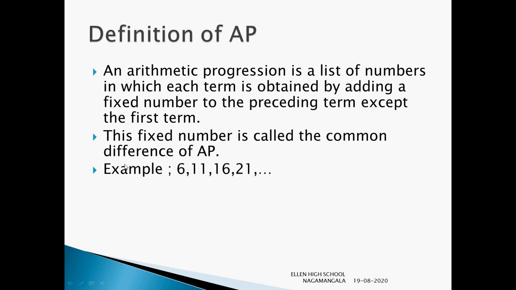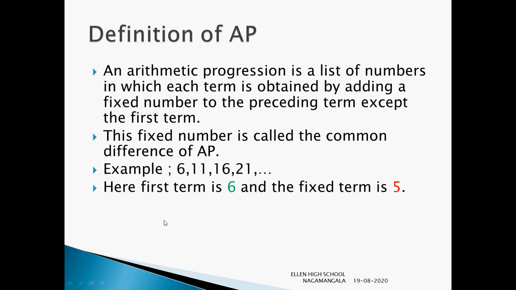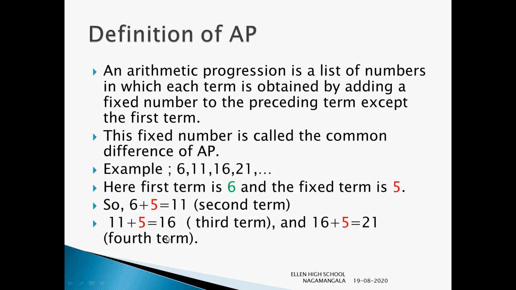Similarly, 11 plus 5 is 16, and 16 plus 5 is 21. Here the first term is 6 and the fixed number is 5. So 6 plus 5 is 11, the second term. 11 plus 5 is 16, the third term. 16 plus 5 is 21, the fourth term.